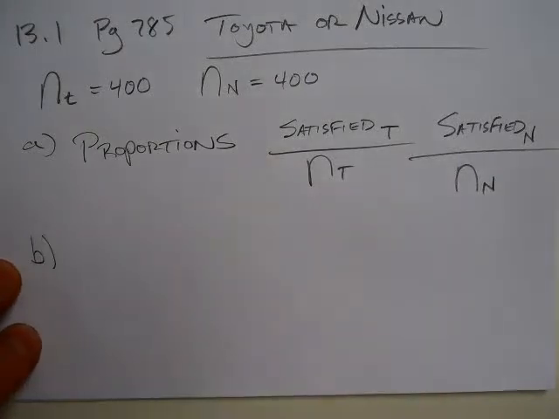B. B asks a question that goes back a little ways. What type of study design is being used to produce the data? What's that? Single blind? That has more to do with, yeah, no, it wouldn't.